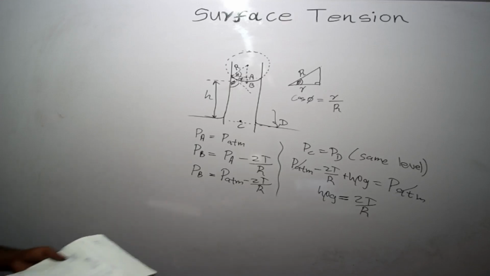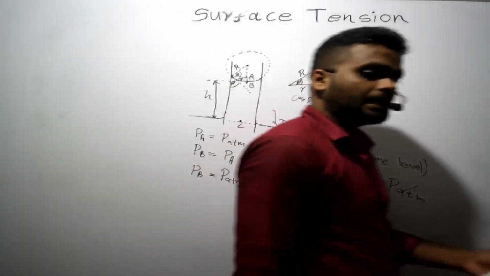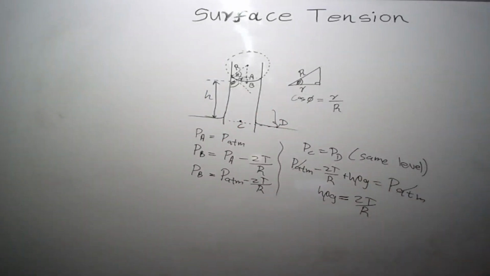So we end up with the same equation there. 2T divided by capital R. If you're done, thumbs up.